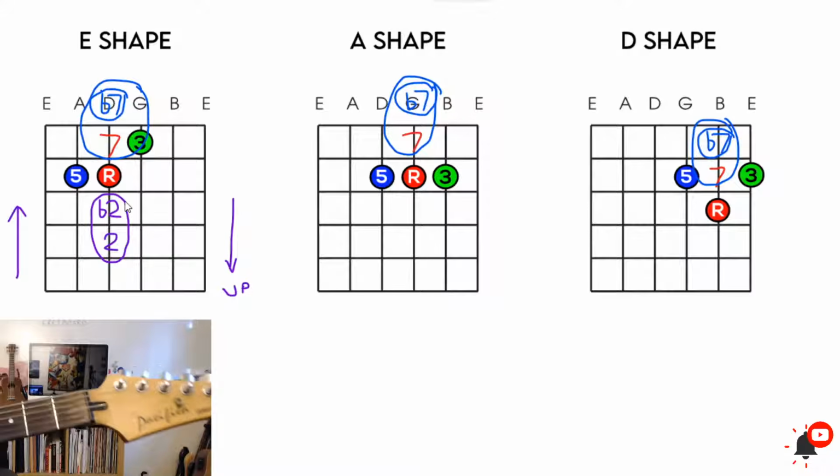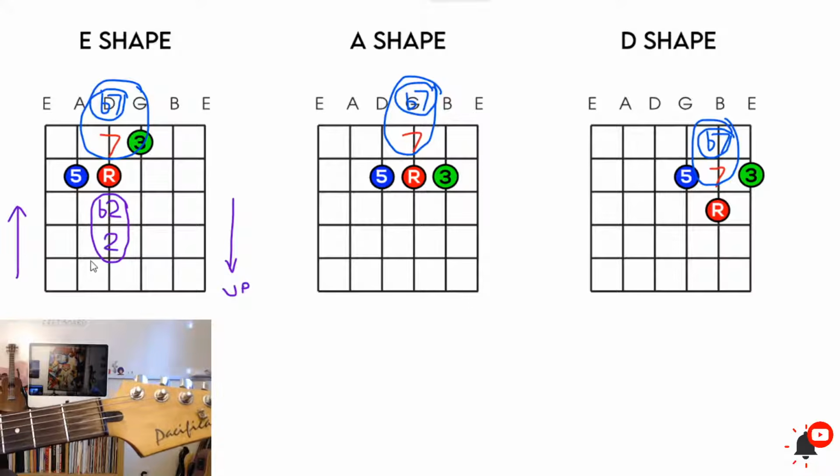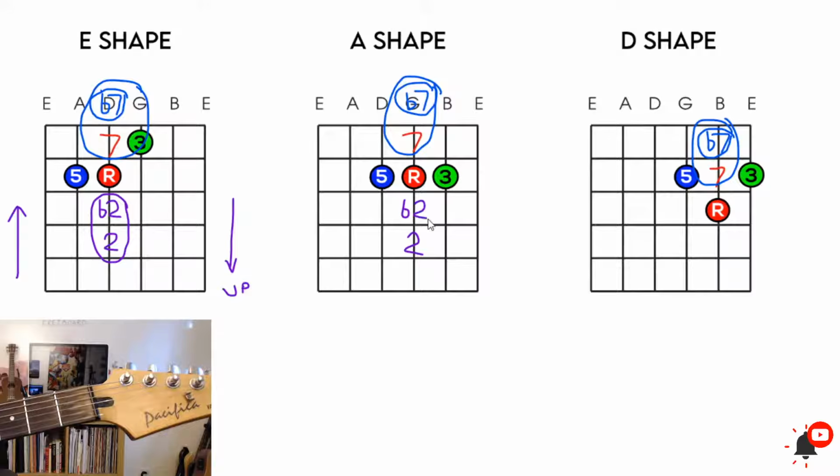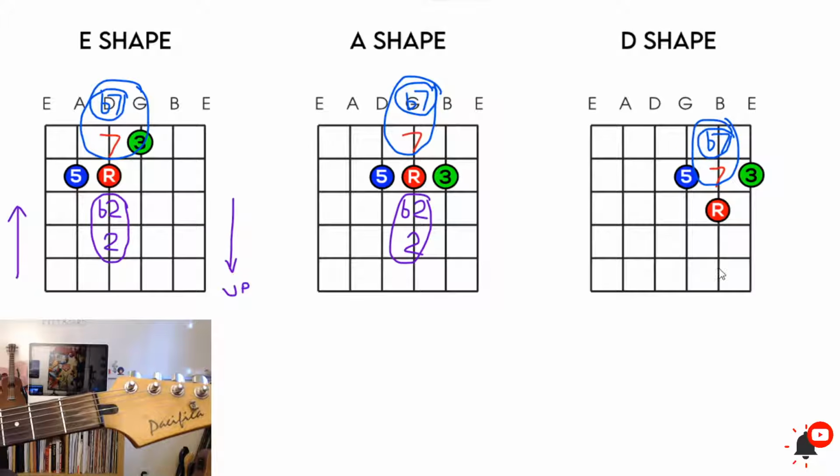So you can see that what happens is there, we get that little Mr. and Mrs. major and minor grouping just above the root note there. And that whole thing applies here to these chords here, to this A shape here. We get the flat second and the second just there. A little pairing there. And then on this D shape, we get a second here. And we also get the flat second here.